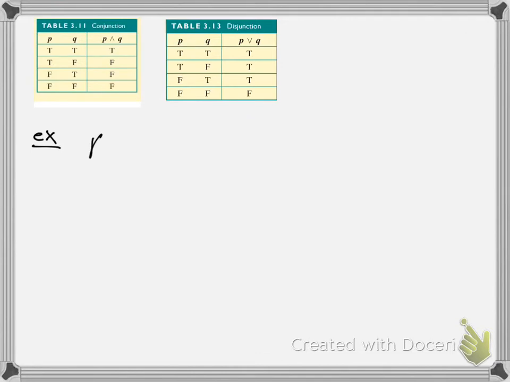Let's say I tell you that P is, this is from the book, determine the truth value for the following statements. Okay, so let's take an example. First one. Let's do P or Q.